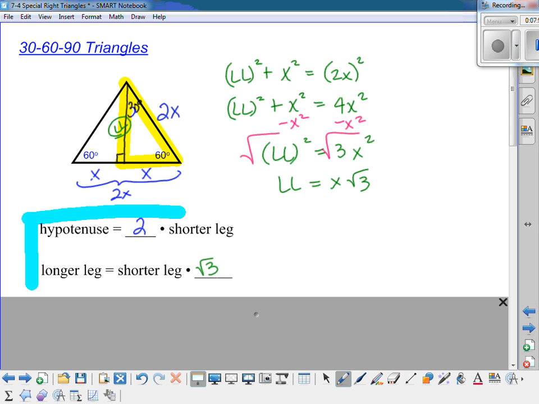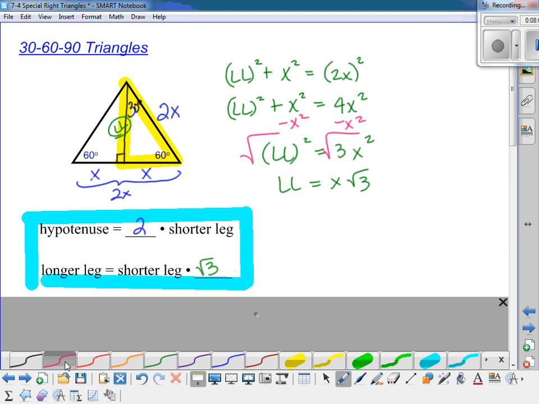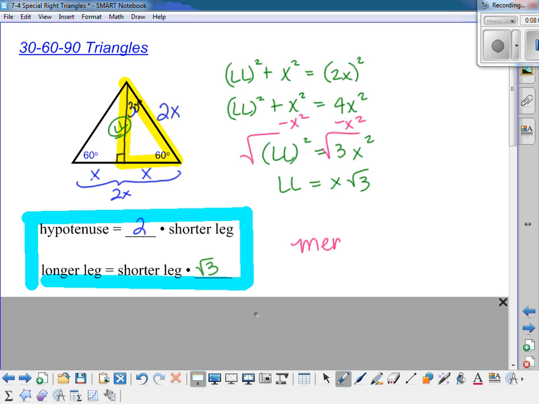So here are 2 more formulas that you must memorize, because again, you're going to be using these a lot, so you want to memorize them. Alright, so now let's use these formulas to solve some problems.